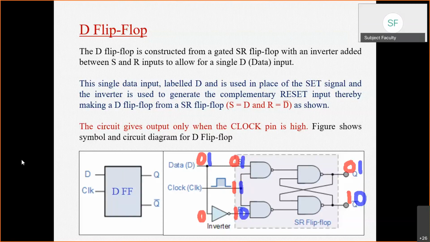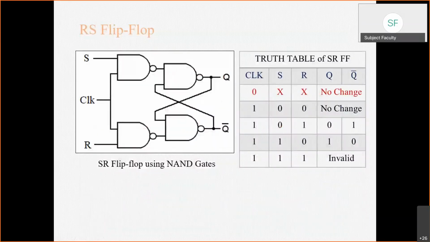I will just show you the truth table of SR flip-flop. Here, you can observe when set input is 1 and reset is 0, the Q will be 1. Similarly, when reset input is high, the Q is reset to 0.